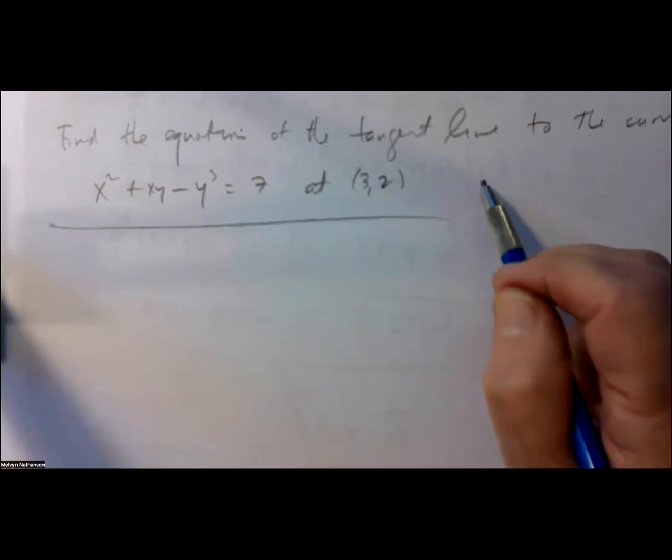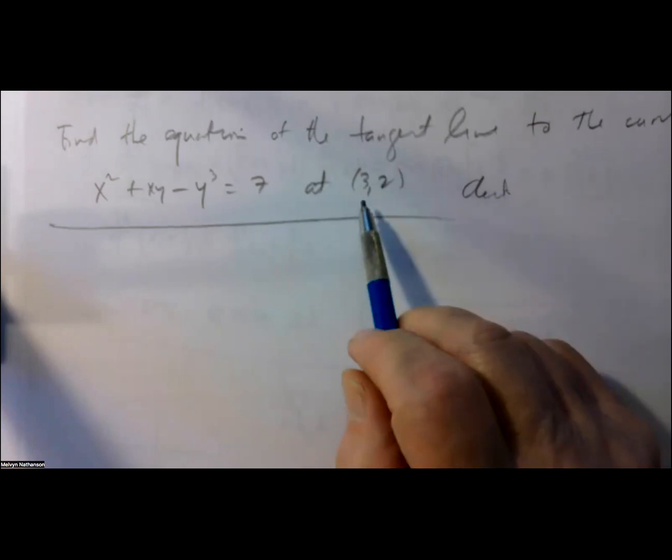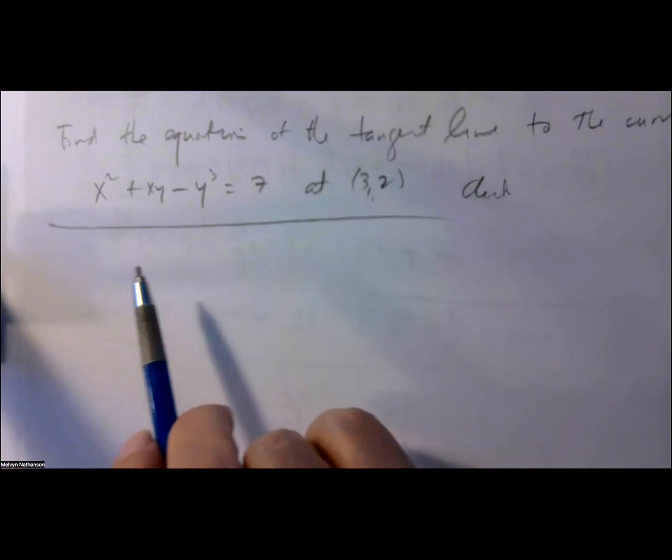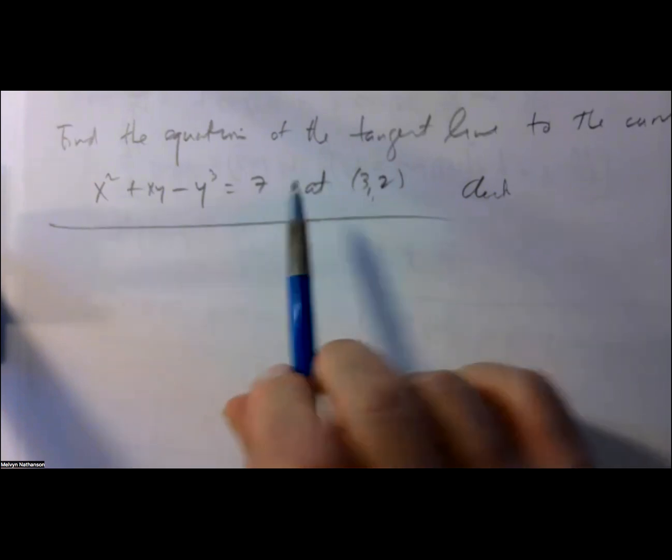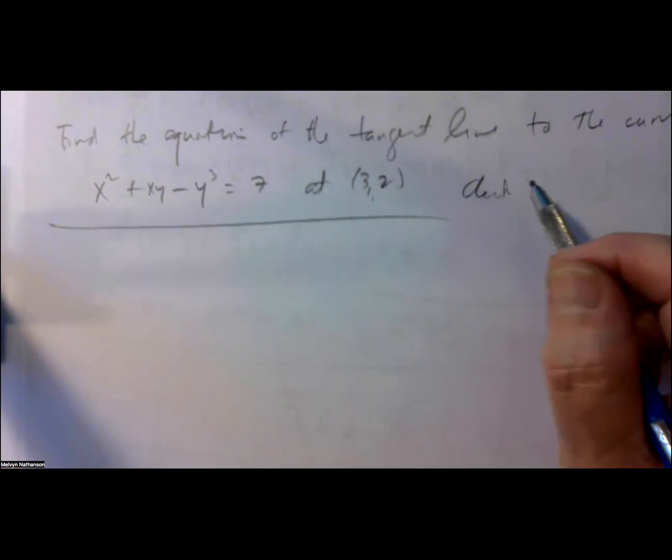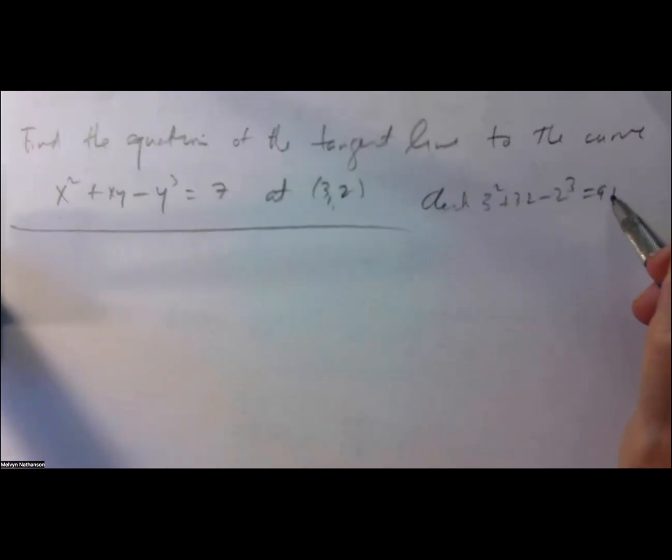Let's just check one thing. Does this point lie on the curve? If you let x equal 3 and y equal 2, we get 3 squared plus 3 times 2 minus 2 cubed. That's 9 plus 6 minus 8. That's 15 minus 8. That is 7. So it checks. This point does lie on this curve.